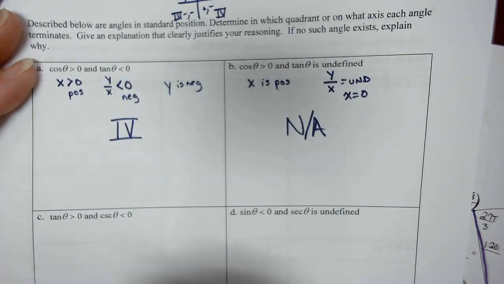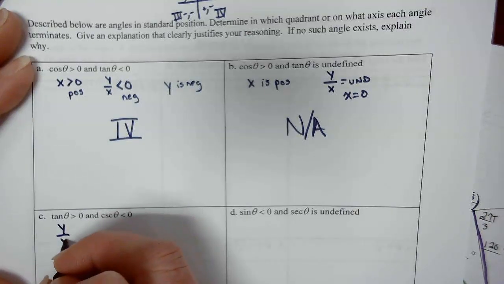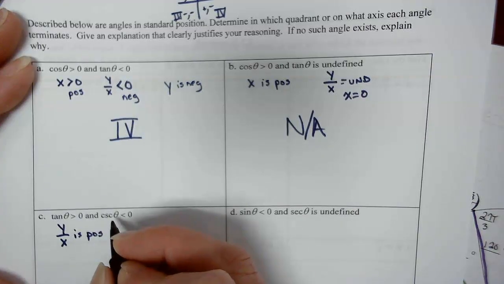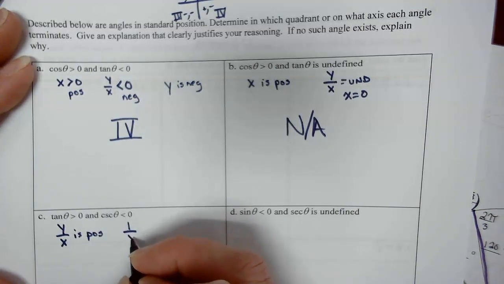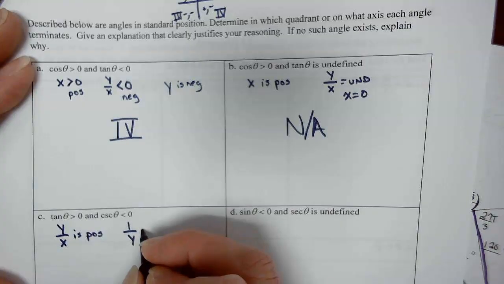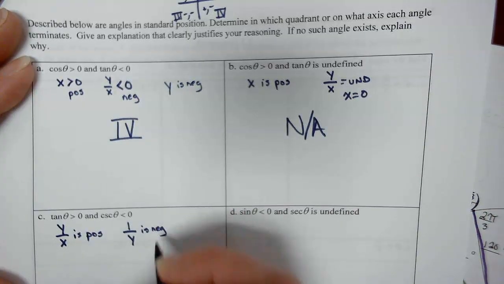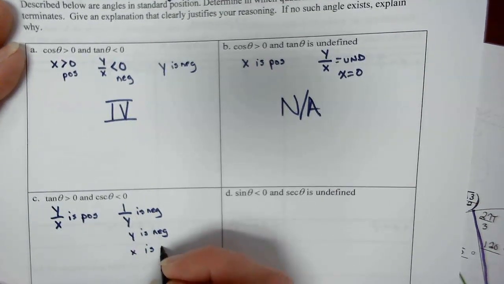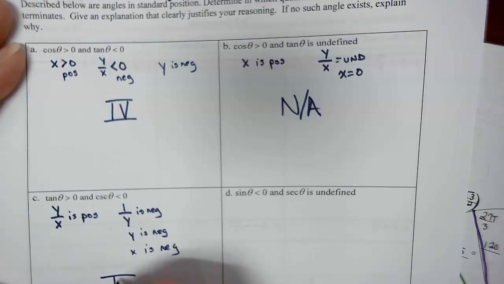No. Tangent is greater than 0, so is positive. Cosecant is 1 over y, is less than 0, so is negative. That means y is negative. But if y divided by x is positive, then x is also negative. That puts us in quadrant 3.